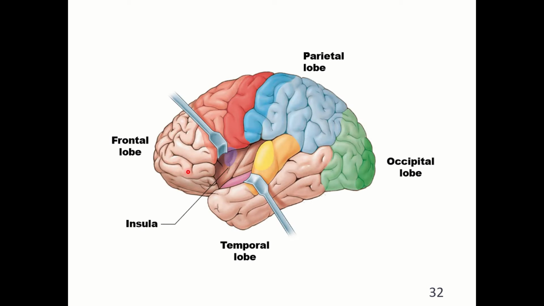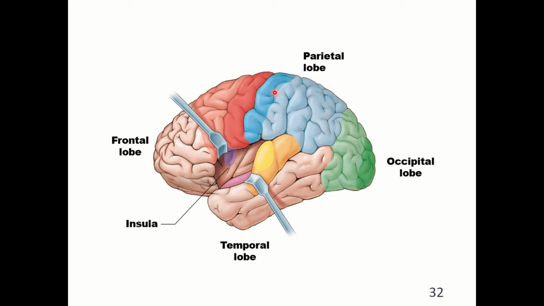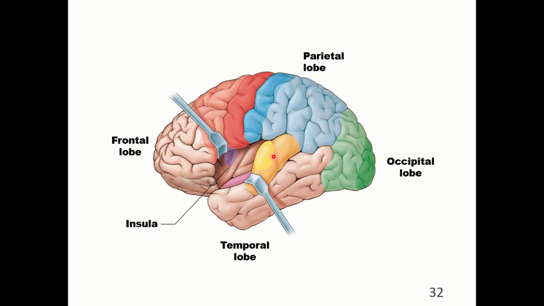This illustration shows the frontal lobe, which initiates voluntary skeletal muscle movements, eye movements, and speech. The parietal lobe, which receives input from and integrates touch, temperature, and proprioception or balance.